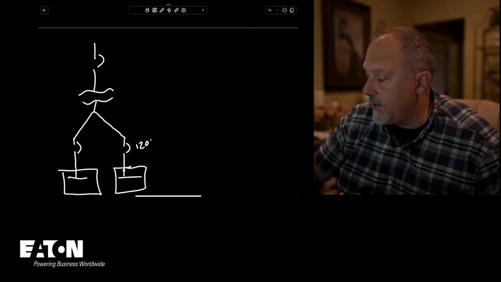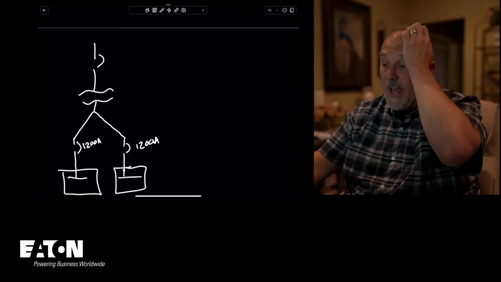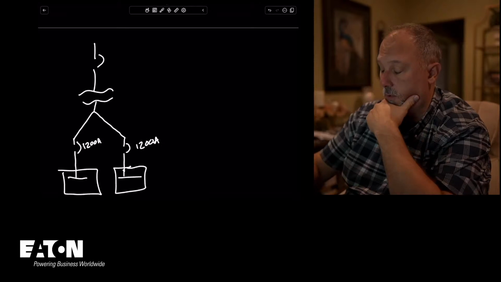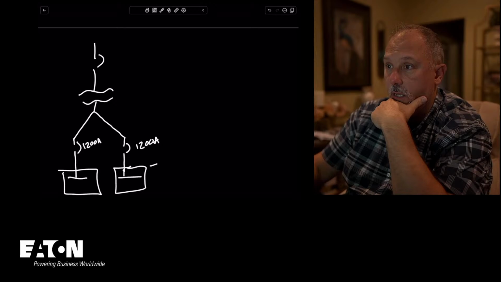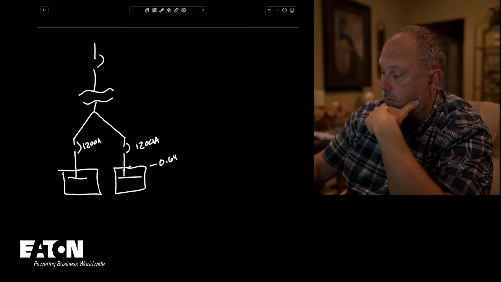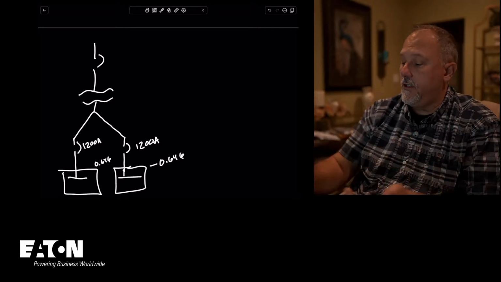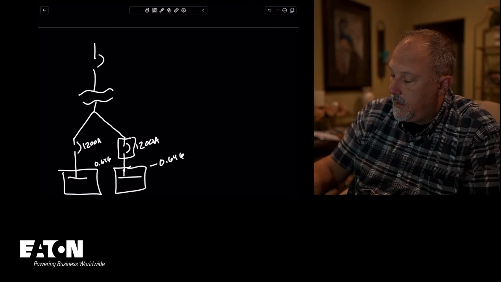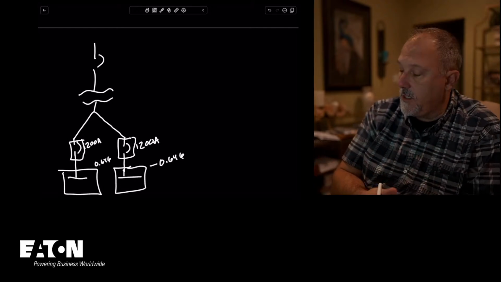Now this is 1200 amps. This is 1200 amps. That is doable as well. And then that would make these 0.646. And that's because I'm at a smaller overcurrent device there, and I'm more into the instantaneous region.